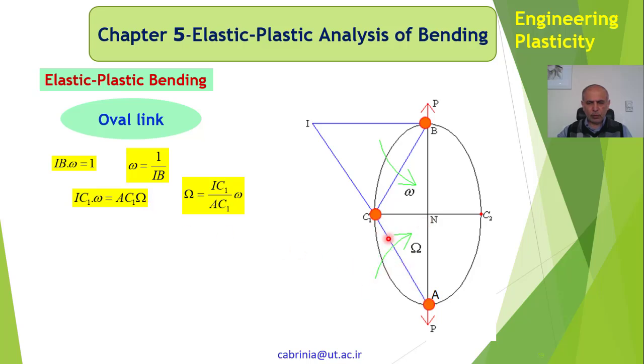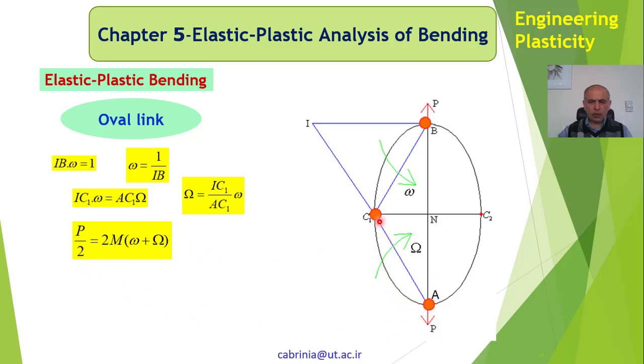This one is moving with big omega. So the big omega, or capital omega, is equal to IC1 over AC1 times small omega. And since I'm considering half the link like that, then this P is divided by 2.